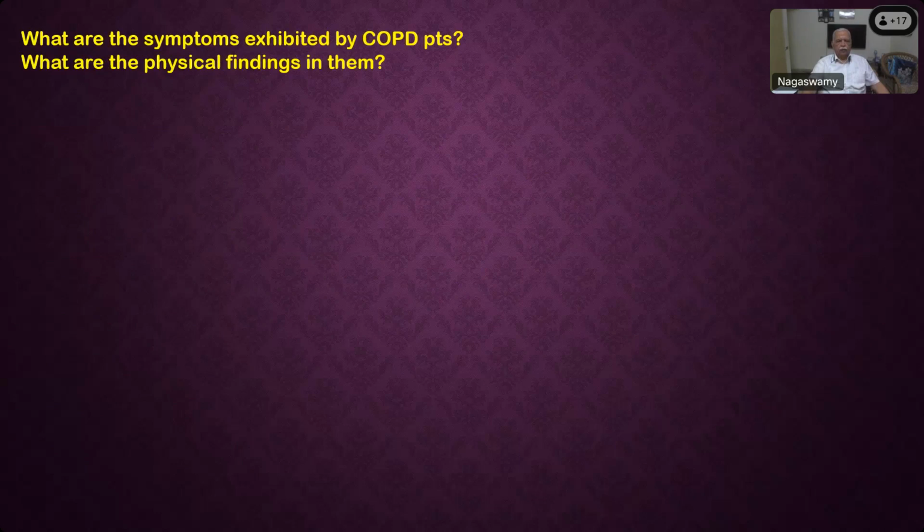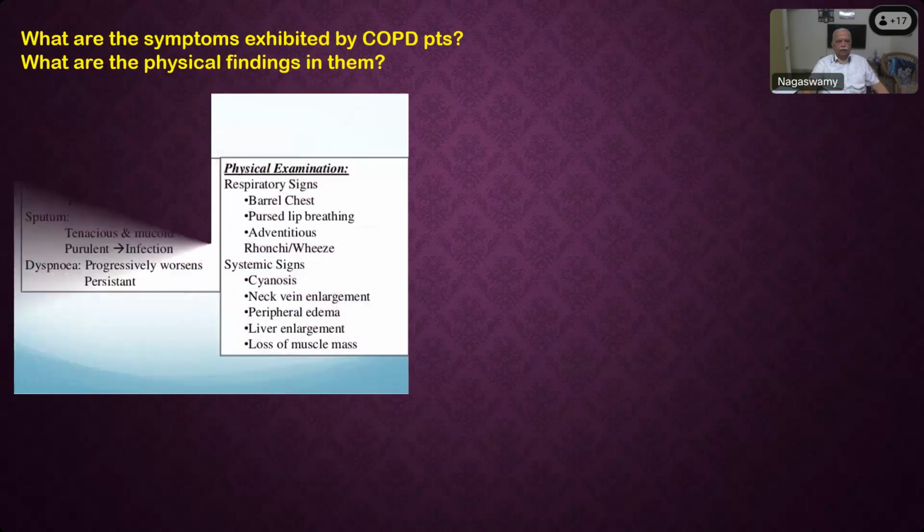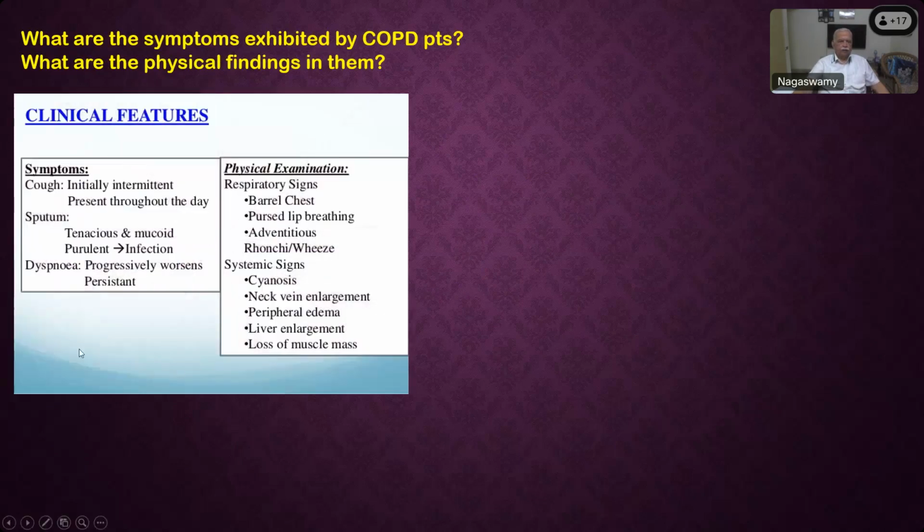The symptoms: chronic cough, initially intermittent, then persistent throughout the day, then sputum becomes tenacious and mucoid, then purulent, indicating infection, and progressively they have more and more dyspnea. So CSD: cough, sputum, dyspnea are the symptoms given to you by the patients.